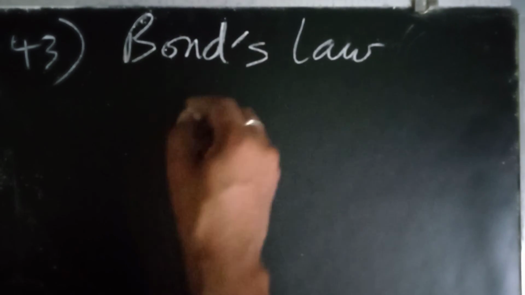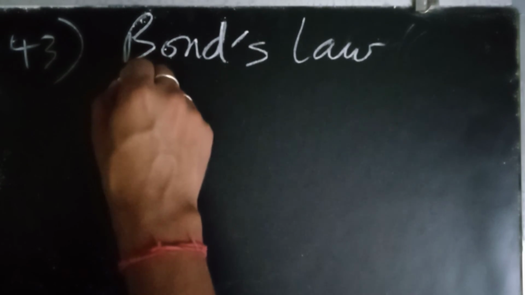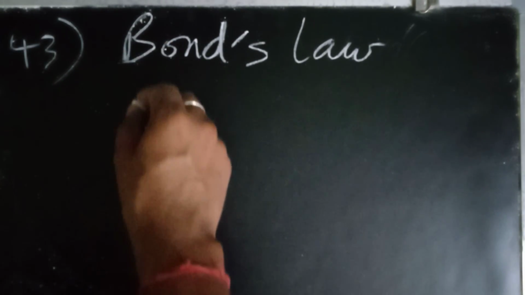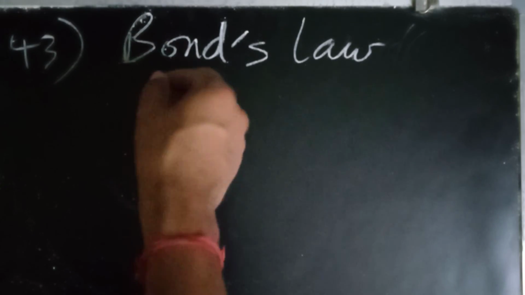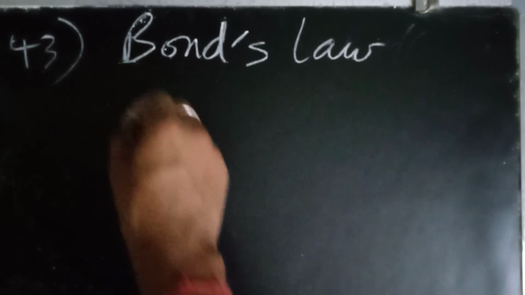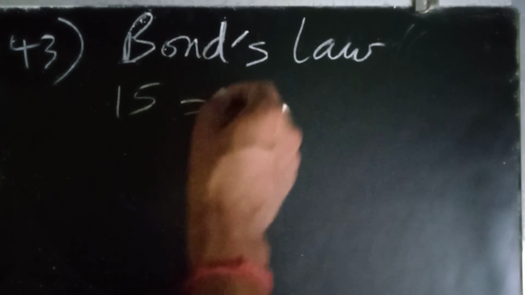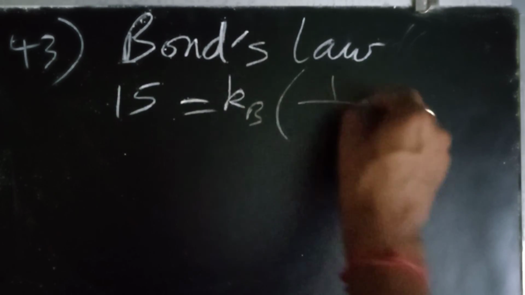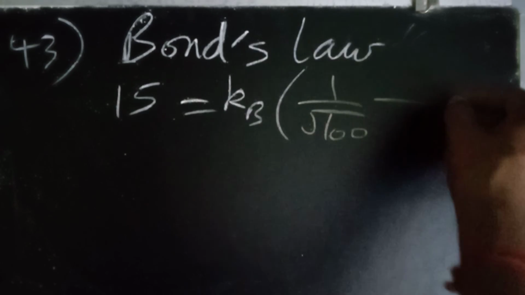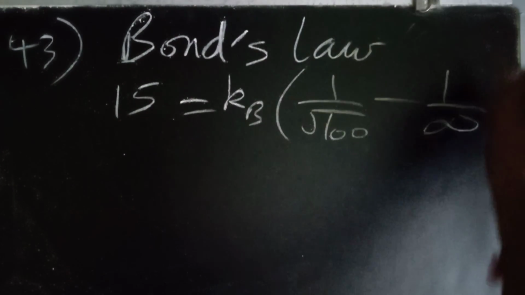Okay, then 43 would be grinding, Bond's law. So grinding, crushing, it was given on Bond's law, and the question was on work index. It was not given directly, but it was said how much work, like 15. We can also do it this way. Let's say kb, and 1 upon 100 micron minus 1 upon infinity.